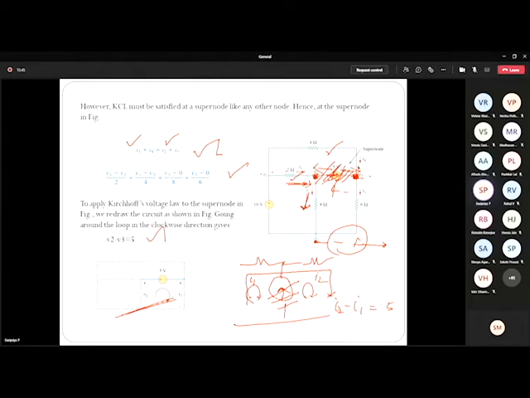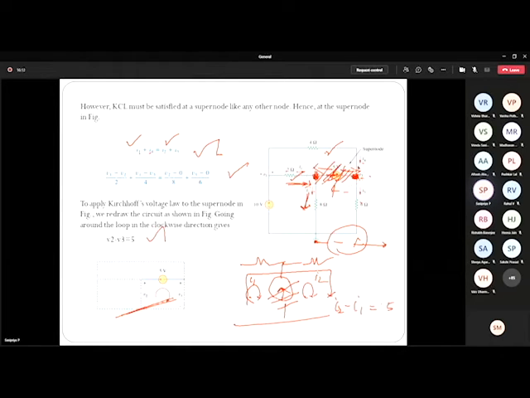And as far as node 3 is concerned, I4 is entering current and I3 is leaving current. So I1 plus I4, I1 is for node 2 and I4 is for node 3. And then I2 plus I3, I2 is for node 2 and I3 is for node 3. We are just combining the currents present in node 2 and node 3. That's all.